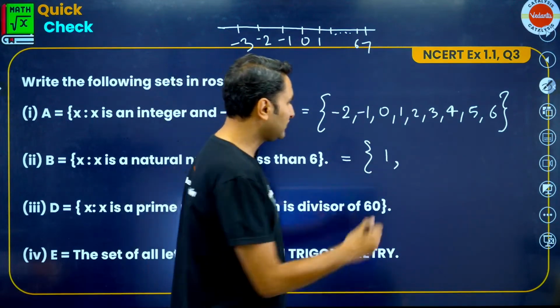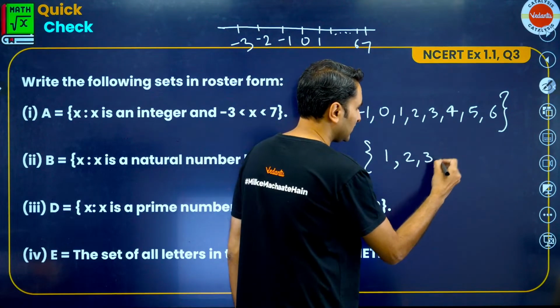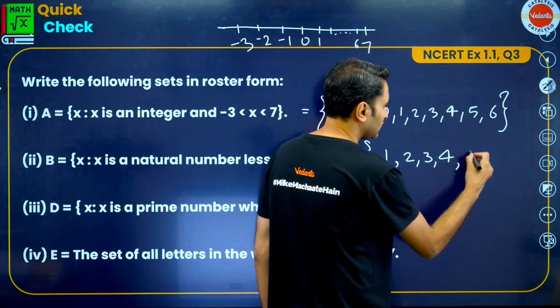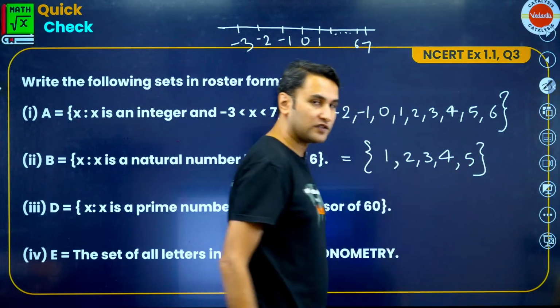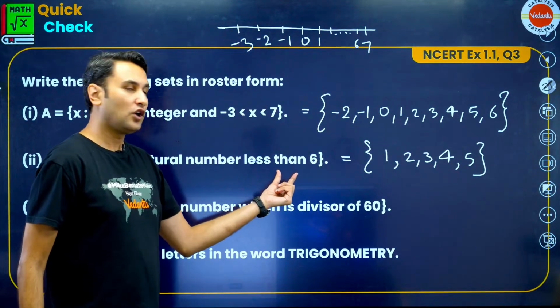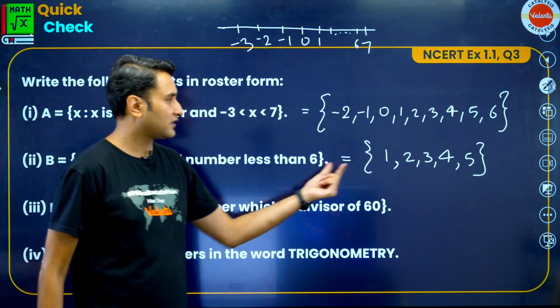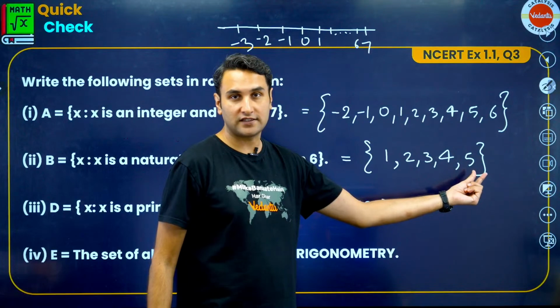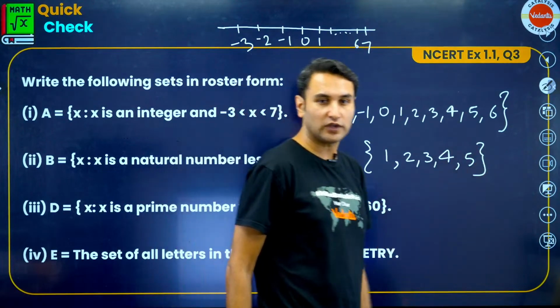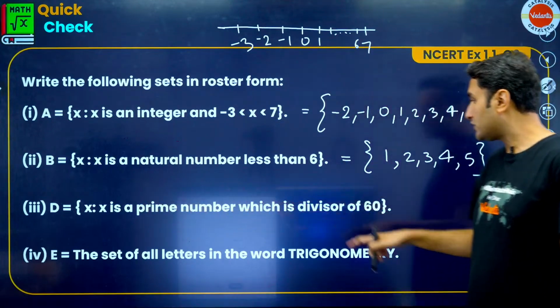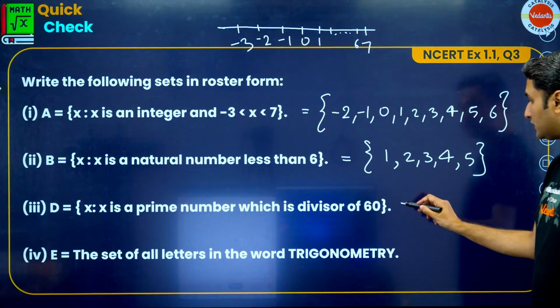So it starts with 1, 2, 3, 4. We need less than 6. So 5. Stop. Because it does not say less than or equal to 6. So we will stop at less than 6. 5 is a natural number less than 6. We stop there.